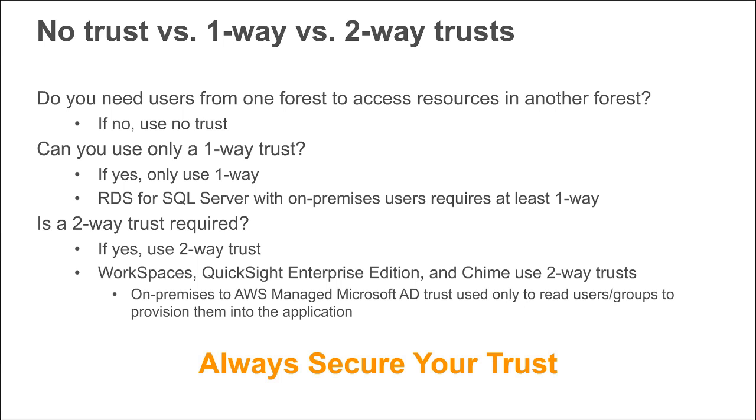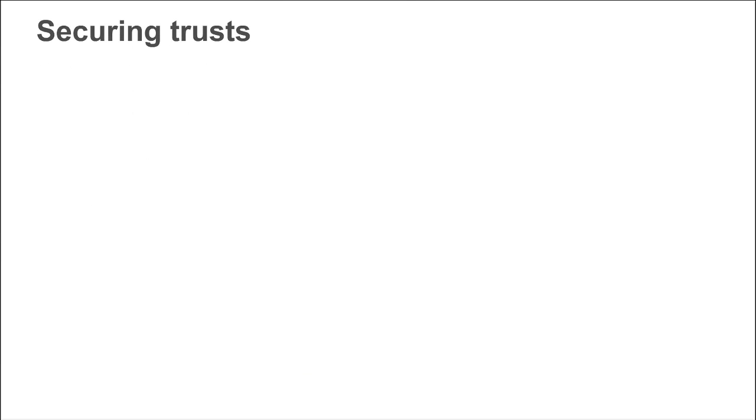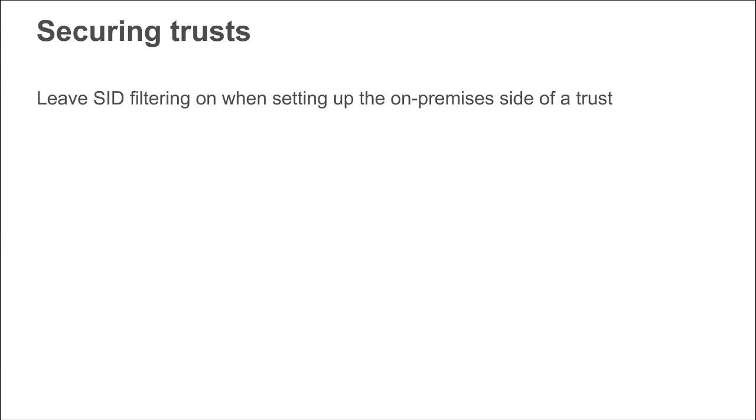And what you can also do is make sure that you secure your trusts as well. And the ways that you can secure them are the following. First, when you create a trust, and this is on by default, whether you're creating the trust in your on-premises network or in the cloud, SID filtering is on. Security identifiers are part of Kerberos tickets that get passed between the trusts.